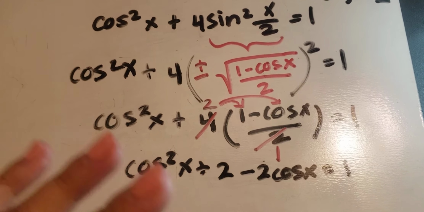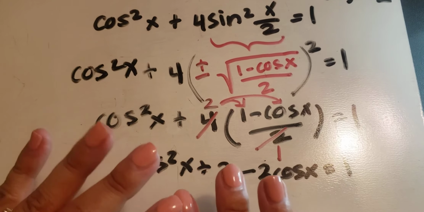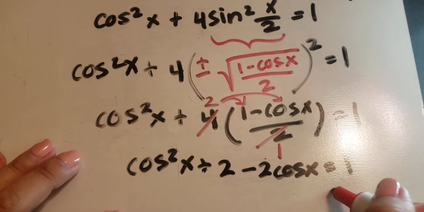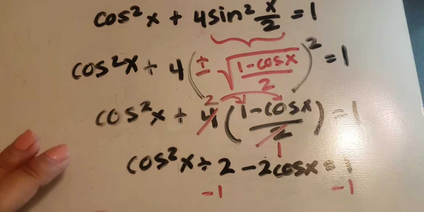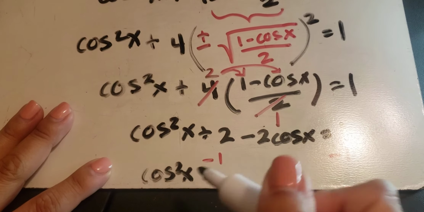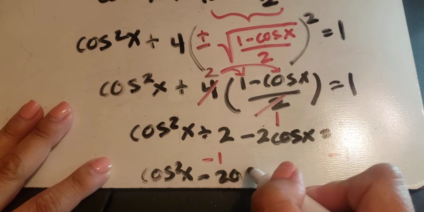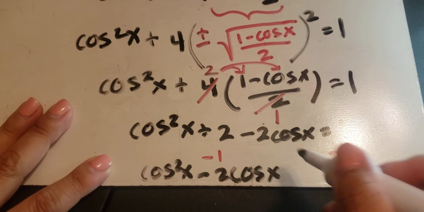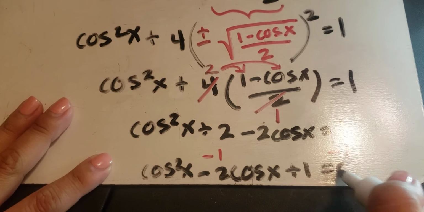Don't forget that whenever we solve a trig equation, you always want it to equal 0. So the next thing we're going to do is subtract 1 from both sides. What we're left with is cosine squared of x minus 2 cosine of x plus 1 equals 0.